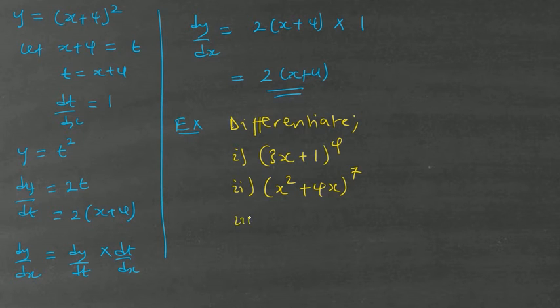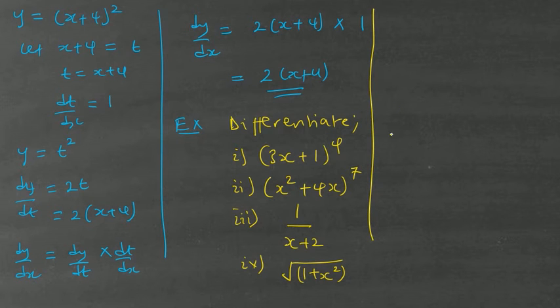Roman numeral 3: 1 over (x plus 2) to the power of 4, and we shall look at this one, 1 plus x squared. Alright, let's work these out.